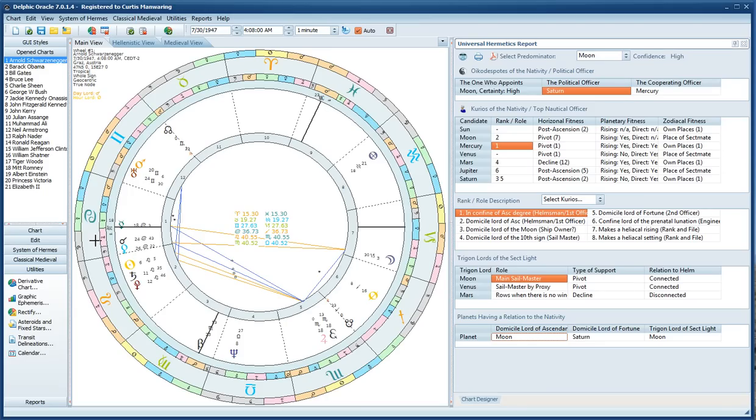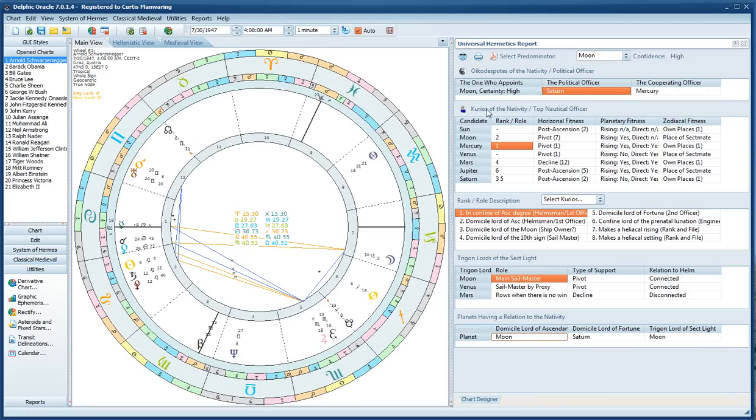One of the criteria for the helmsman, the first officer of the boat that steers the ship, is if it's in the confines of the degree of the ascendant. So if we take that as being indicative, that's one of the criteria for the lord of the ship.